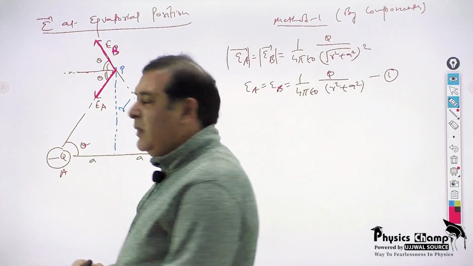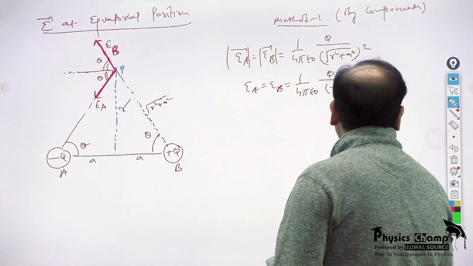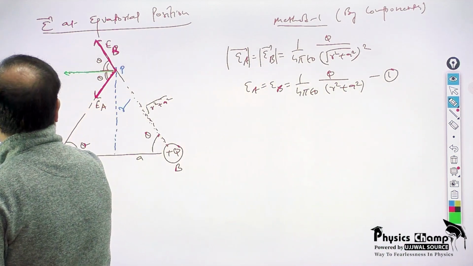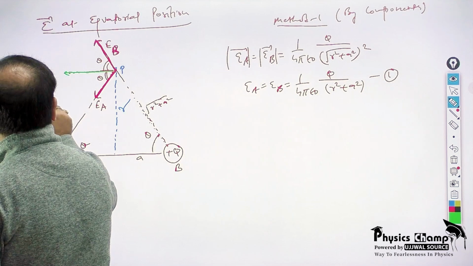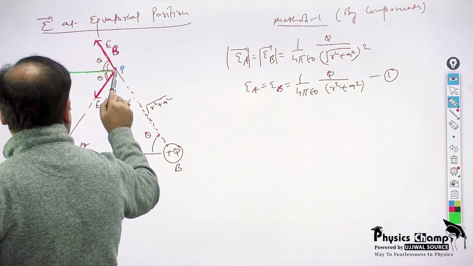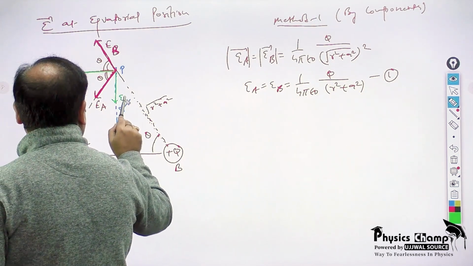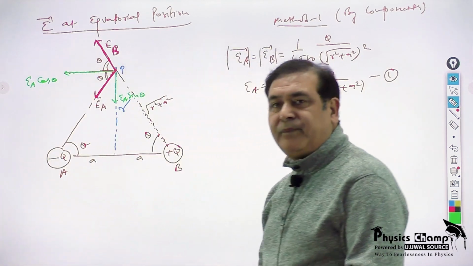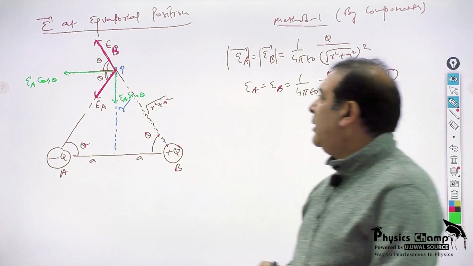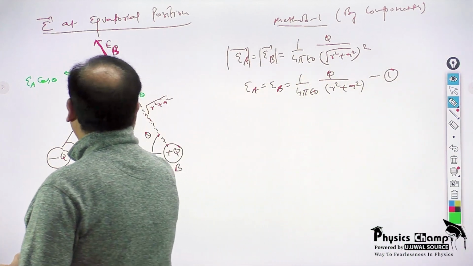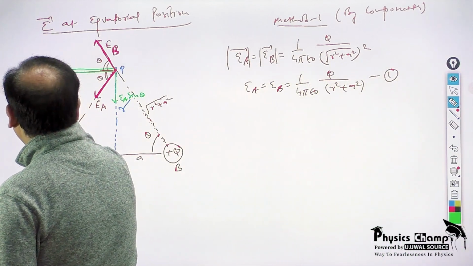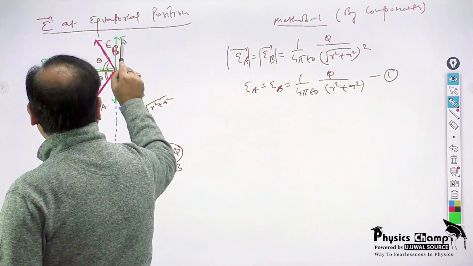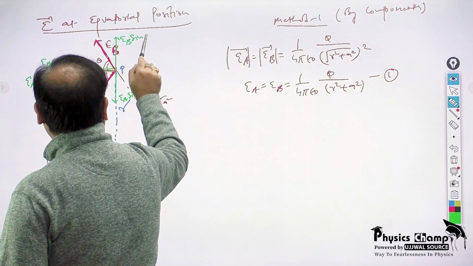EA can be, I am showing this component with a different color, defined here as EA cos theta, and here as EA sin theta. Similarly, EB can be defined here as EB cos theta, and here as EB sin theta.